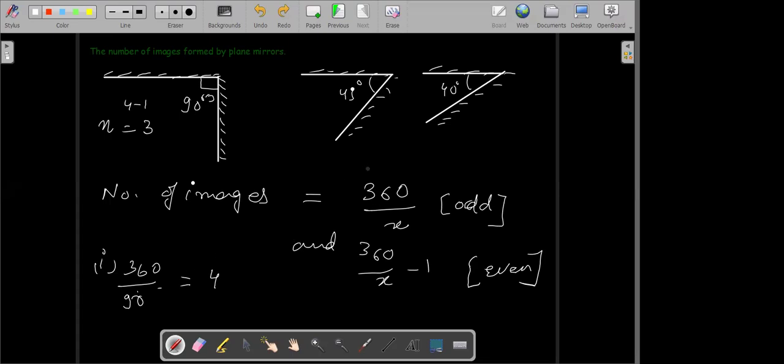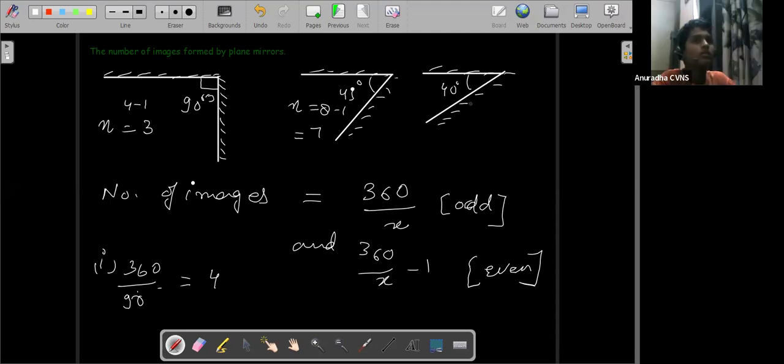Okay, all right. So in the second one, you have 360 divided by 45, that's 8, and 8 minus 1 is 7. So the number of images here will be 7. What will be the number of images in the third case?